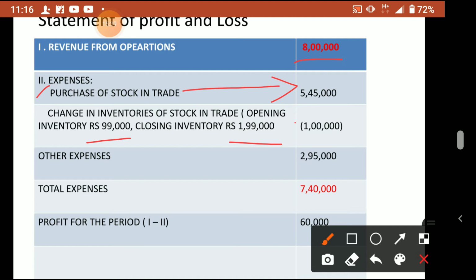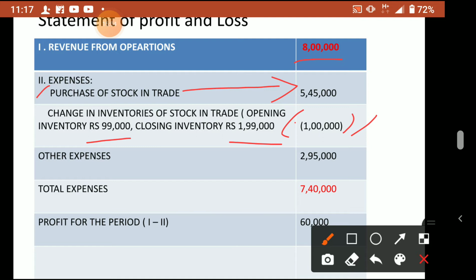So the change in inventory is how much? 1 lakh. It means closing inventory is more than opening inventory, so it is given in brackets. Brackets indicate a minus figure. Opening inventory was 99,000, but on the closing date the inventory is showing 1,99,000.